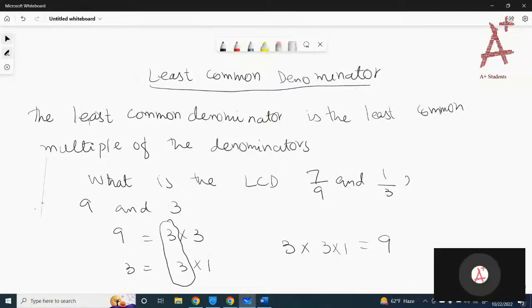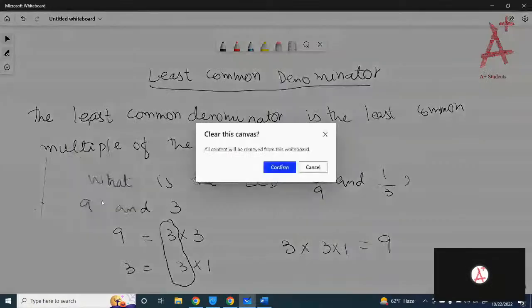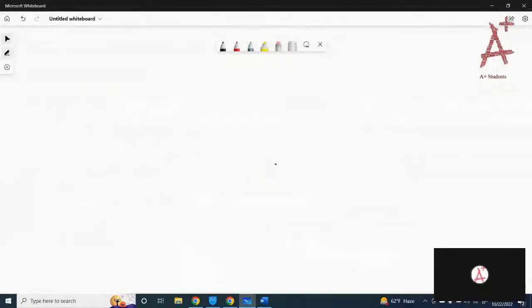Okay, the next one is, what is the least common denominator of 1 by 2 and 5 over 6? So the denominators are 2 and 6. Write the prime factors of 2 and 6.